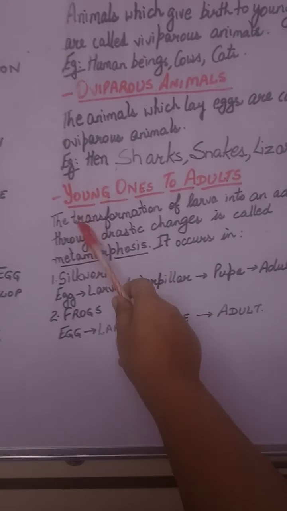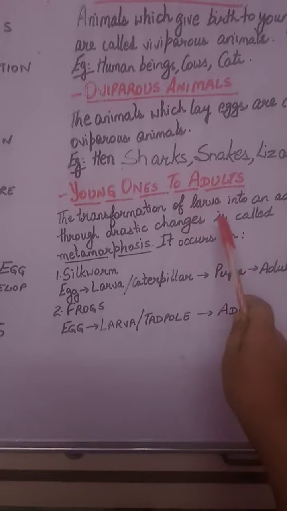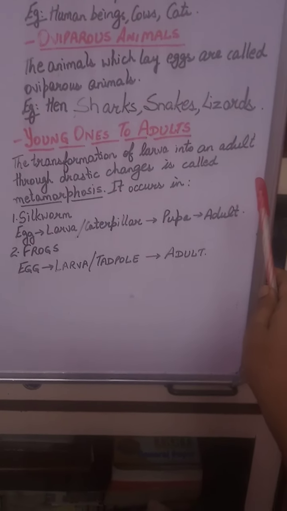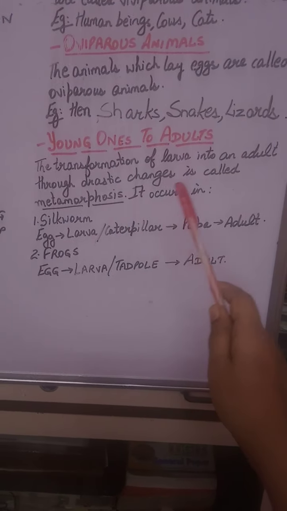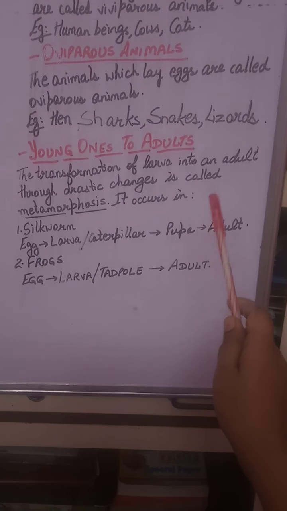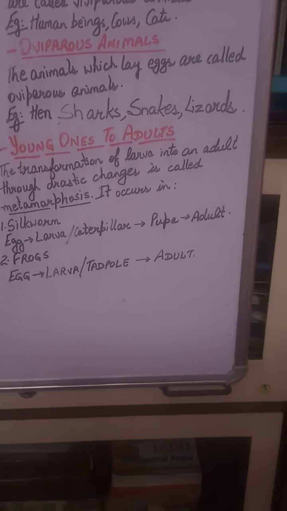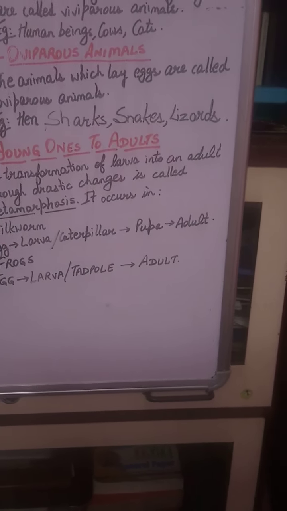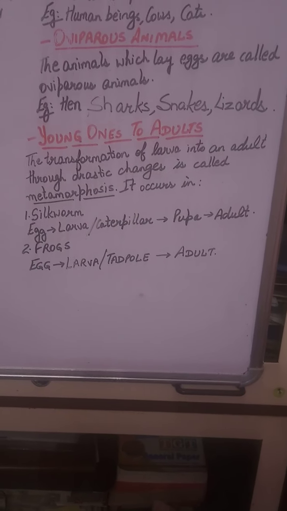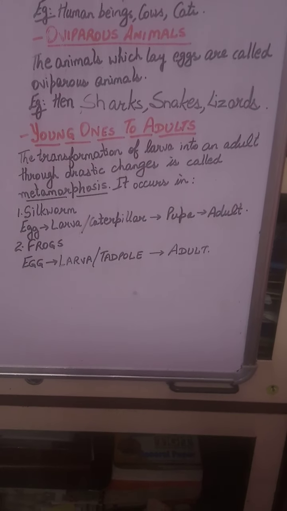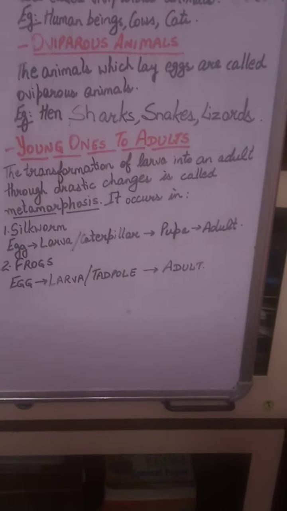So read the definition from here. The transformation of larva into an adult through drastic changes. And drastic changes means very strong changes, changes that are very different, very big changes.